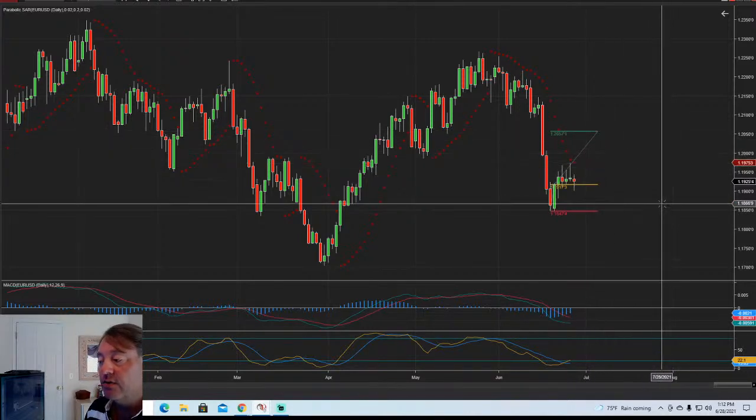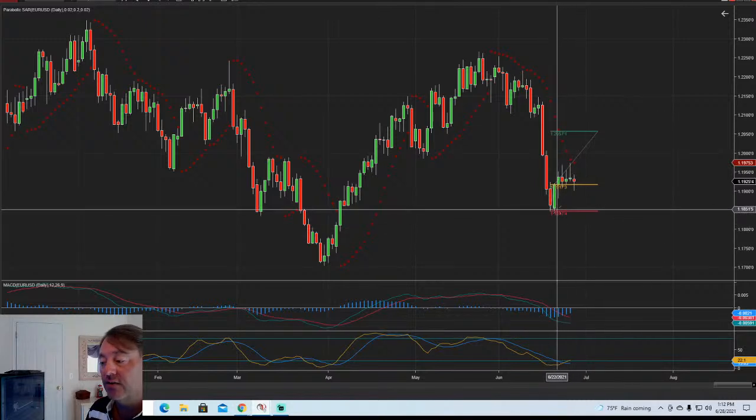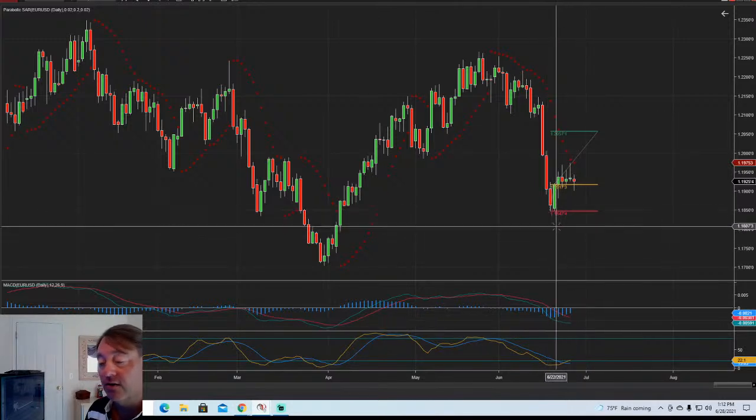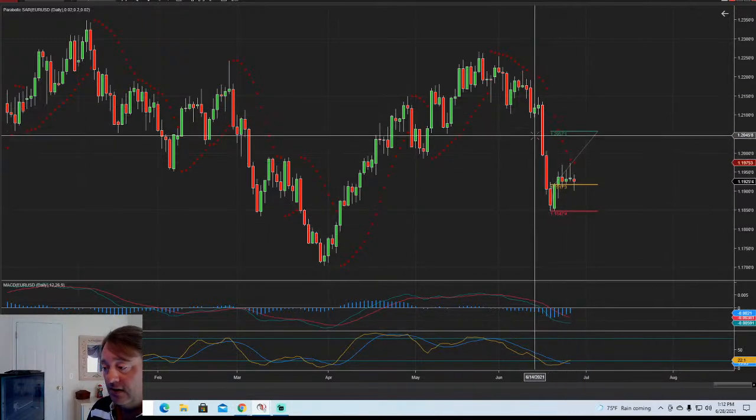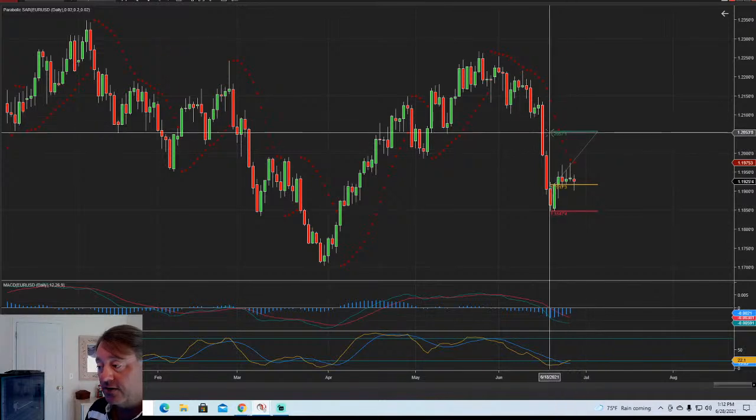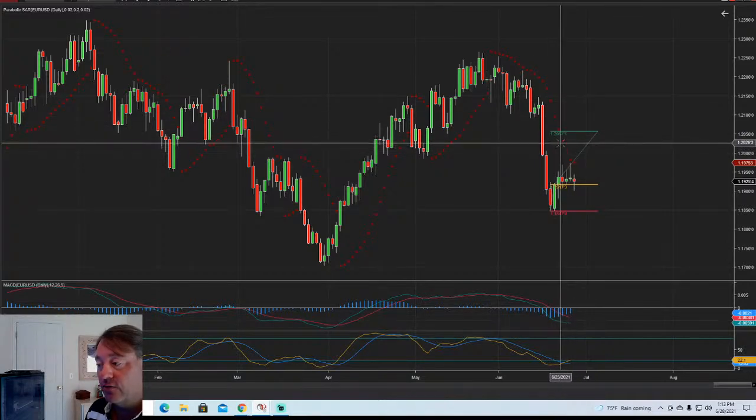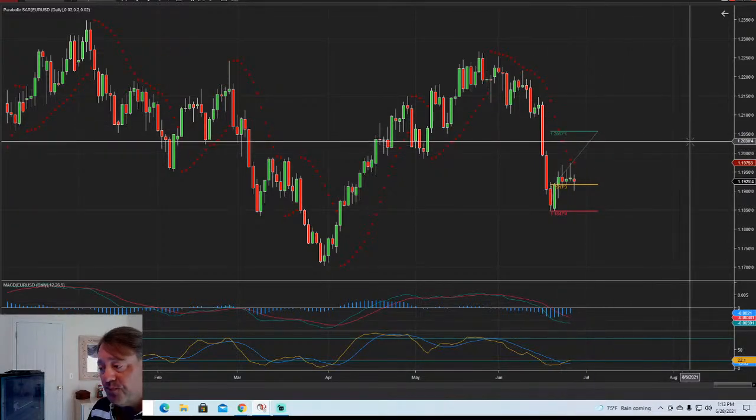So we used the close from the day of the bullish engulfing line buy signal and the low from the prior session. That gives us this target line here, this green line of $1.2057. So for our bullish engulfing line that was triggered last Monday, we still have an upside target of $1.2057 using this tool on NinjaTrader.